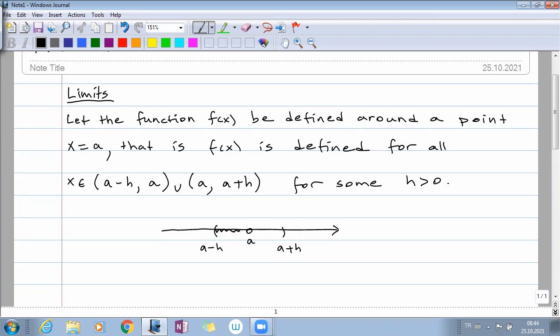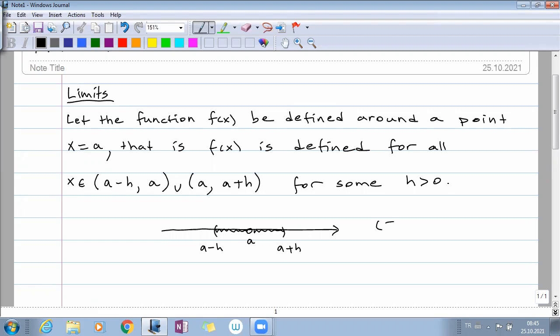So the function should be defined on both sides of the point A. And it may be a very small interval, as long as the number h is a positive number, we can talk about the limit of the function at the point A.